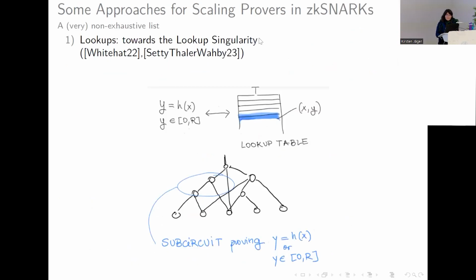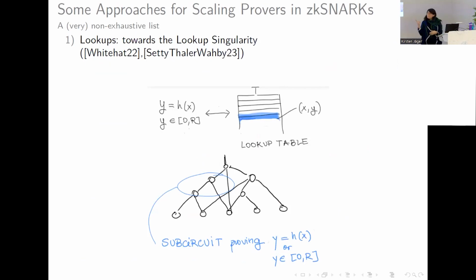Okay, so I wanted to give you a sense of what are the main approaches that people are trying to follow now to scale prover computation. So one of the things that people have been talking a lot about in the last half year, in the last 1.5 years and so on, are lookups.